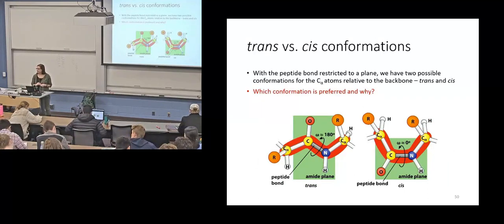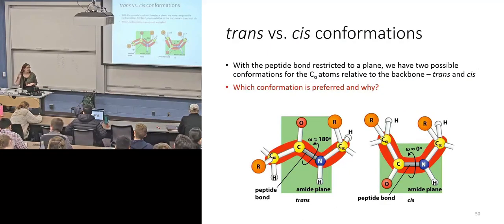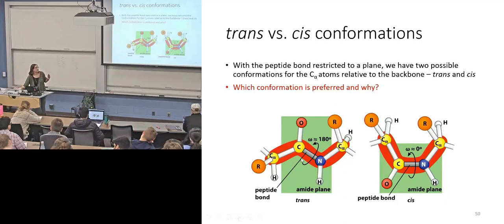Yes? I have a question. Yes, so these absolutely. Trans and cis formations, it won't be the same molecule switching. It'll be formed one way and then it won't change. So the ability to form these 2 things is exclusively by the movement of, now again, this peptide bond here is labeled as omega, and it's a little bit confusing in that it's indicating that this is rotating, which we don't think of it that way.